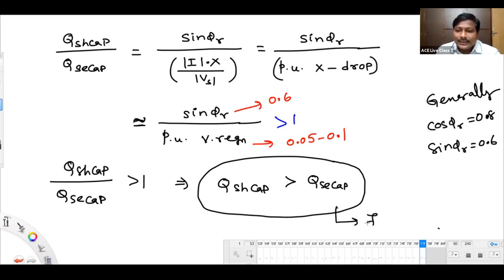So obviously, if you are keeping a higher rating of shunt capacitor bank, not only do we have a voltage boost, we have a power factor improvement also.